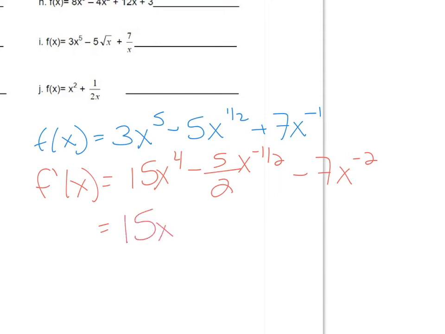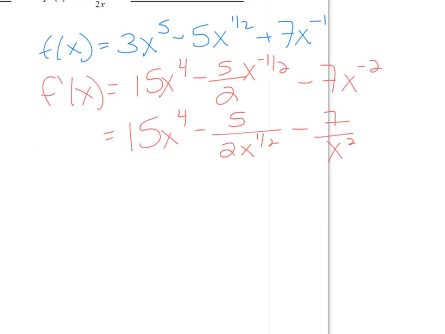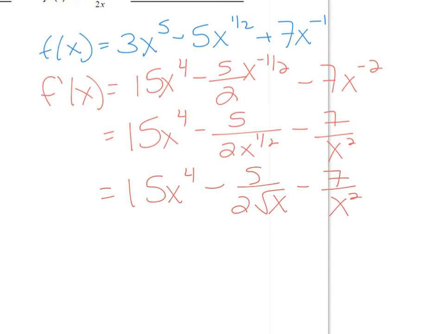So that's 15x to the fourth. The x to the 1/2 comes back to the denominator. Same thing with the x squared. Because the problem started with the square root, I'm just going to rewrite this one more time as the square root of x, because this x to the 1/2 is the same thing as square root of x.